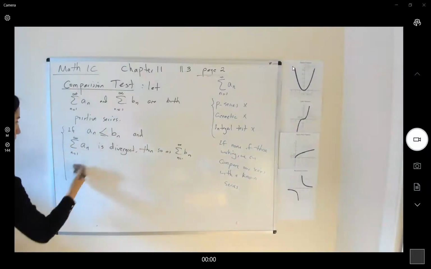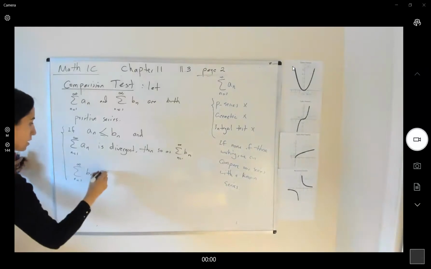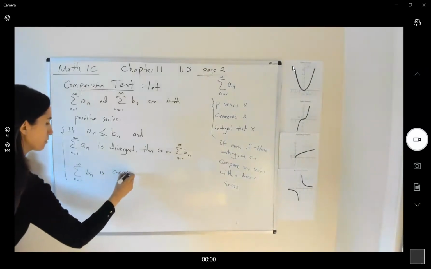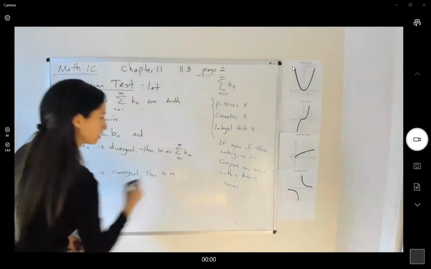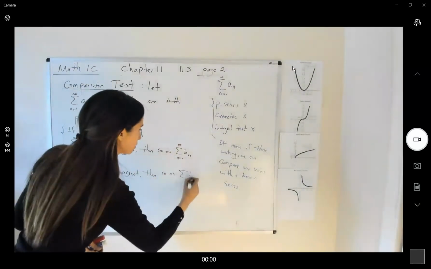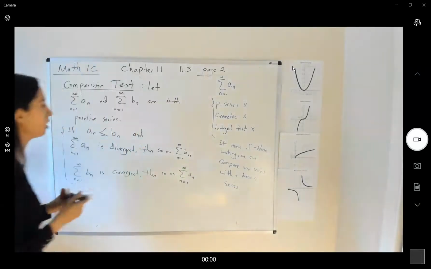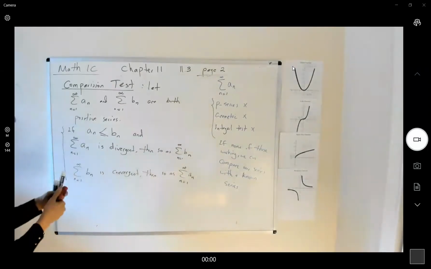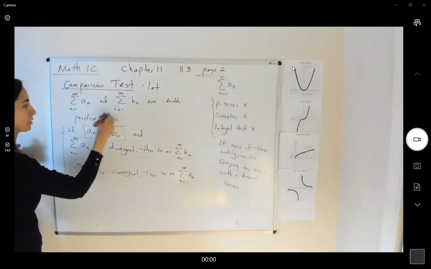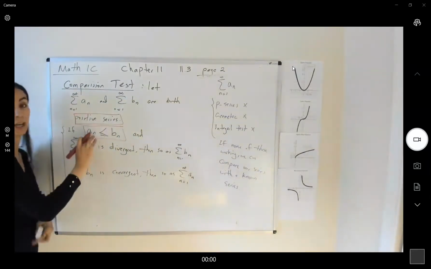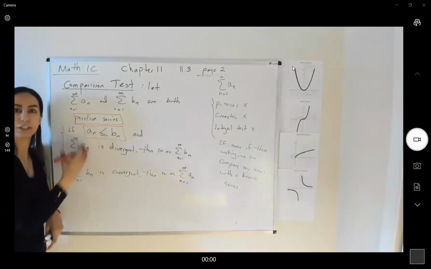And if series B sub n is convergent, then so is the smaller series, sigma a_n from 1 to positive infinity. So with positive terms, a_n less than or equal to b_n, you can compare these two series.